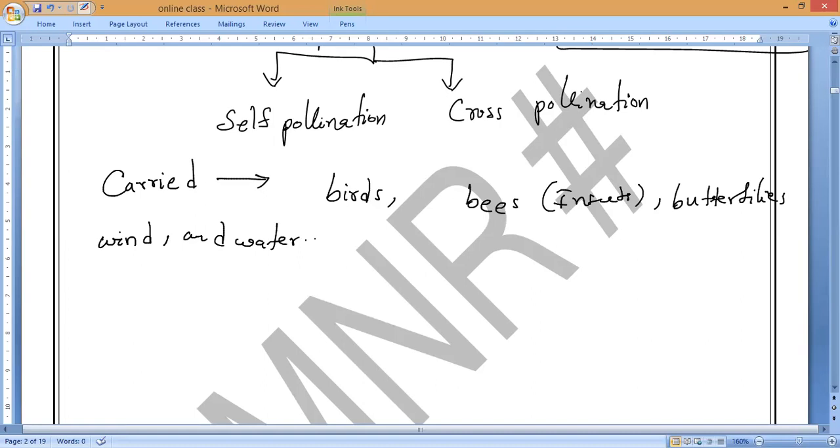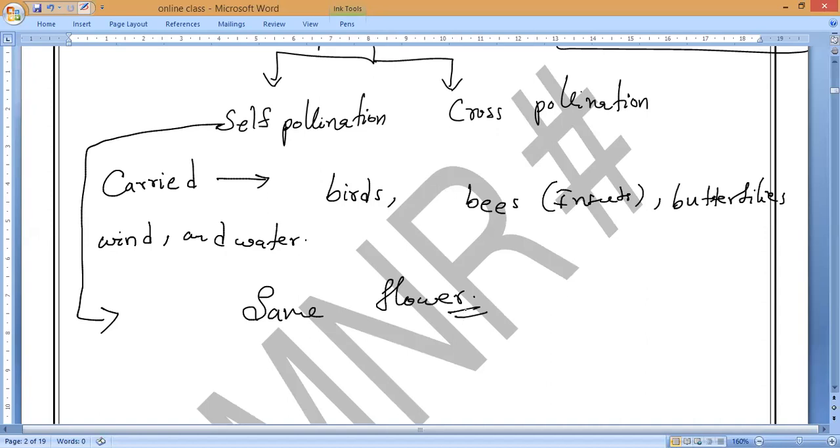Now let us see here. As we know, pollination is of two types, and it is carried out by birds, insects, as well as wind and water. First take self-pollination. Remember, if the pollen grains from the anther of a flower are transferred to the stigma of the same flower, this is called self-pollination.